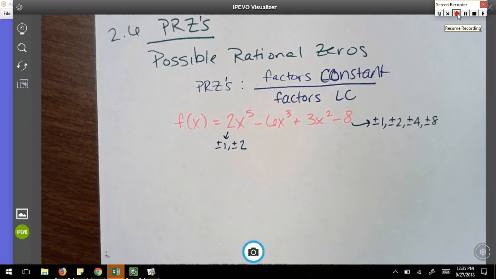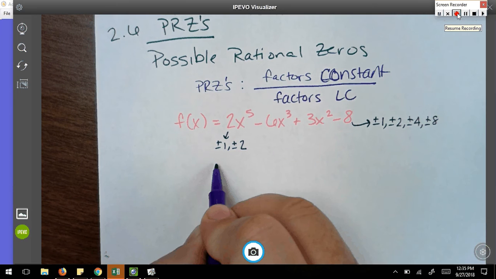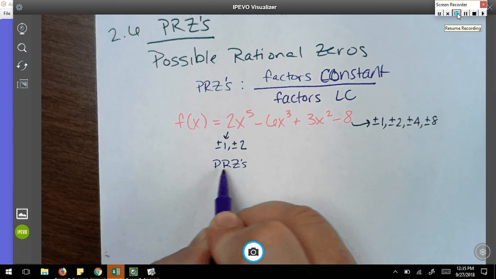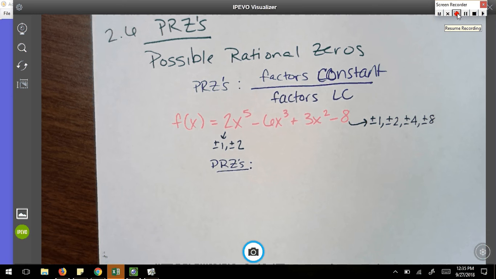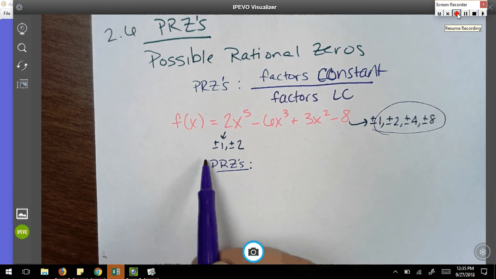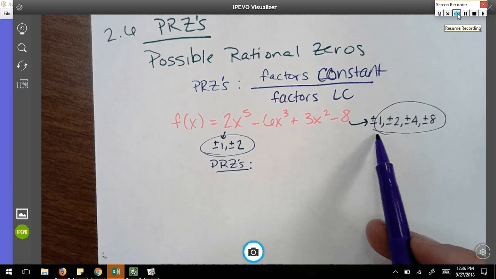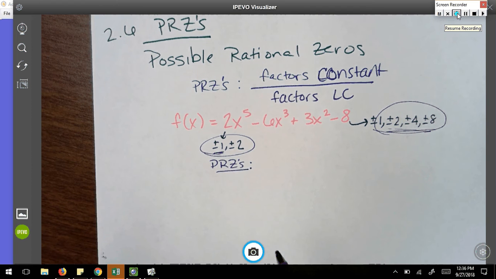So to find the actual PRZs, or the possible rational zeros, I'm going to do every fraction I can make, taking these numbers and dividing them by these numbers. Okay? So start with dividing all of these numbers first by 1.